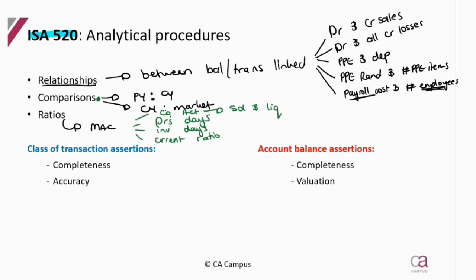Okay, all of these are different ratios that are going to help us to either understand whether they're complying with laws and regulations, like with solvency and liquidity, and/or just to help us understand, are they moving inventory quickly, or is it slow, in which case it potentially needs to be written down. Are the debtors paying as fast as we are paying our creditors? If not, there could be a concern with working capital.